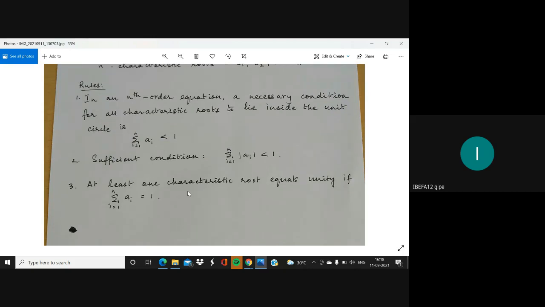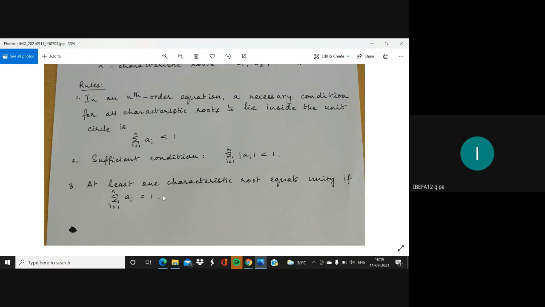Now, if at least one characteristic root is equal to 1, then you will find that the sum of all the autoregressive coefficients will be equal to 1. I don't know how it happens, I haven't done the math myself, but this is a general rule of thumb. If at least one characteristic root equals unity, then the sum of the autoregressive coefficients will be equal to 1.